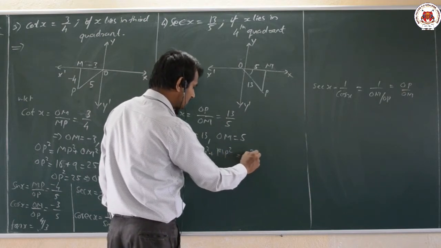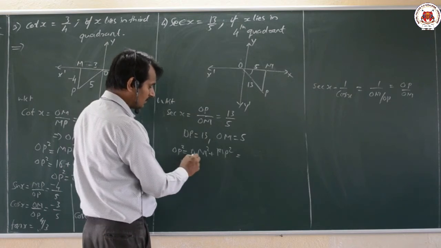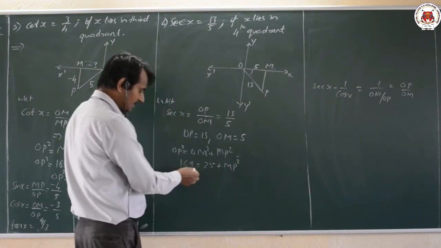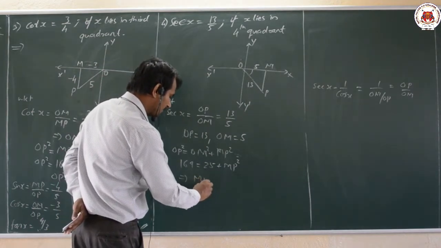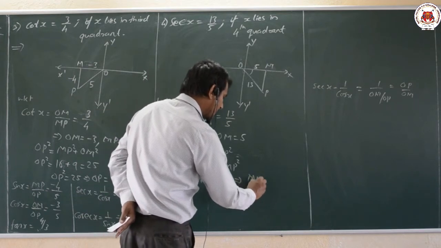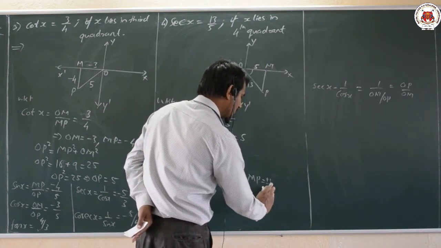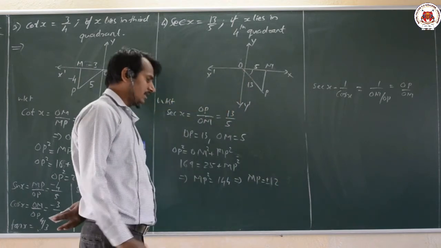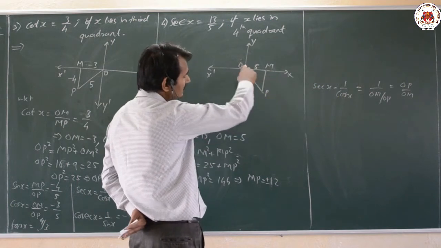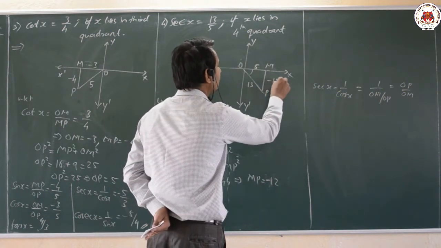Now OM square means 25, OP square is 169, equal to 25 plus MP square. Now you subtract, that implies MP square is equal to 144, that implies MP is equal to plus or minus root 144, which is 12. Now MP lies on OY dash, that is the negative y axis, so the value will be minus 12.